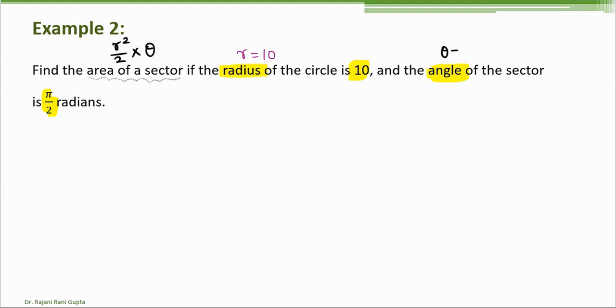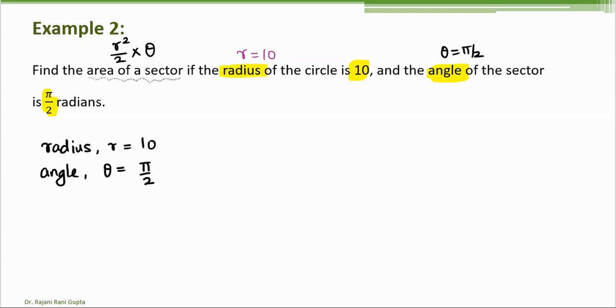We denote the angle by theta, it is pi over 2. So radius R is 10 and angle theta is pi by 2.